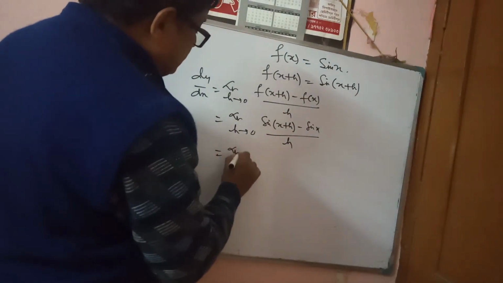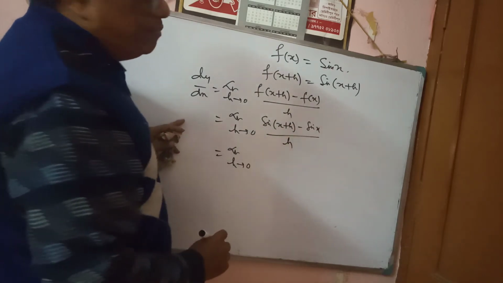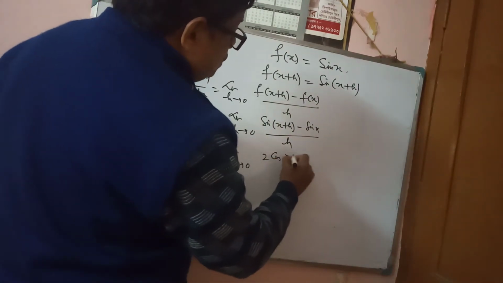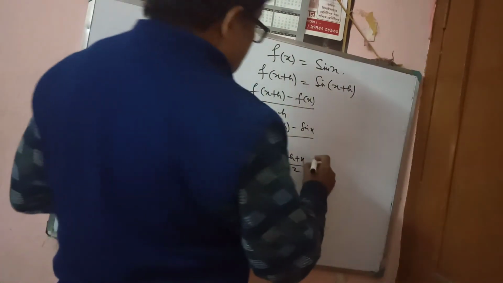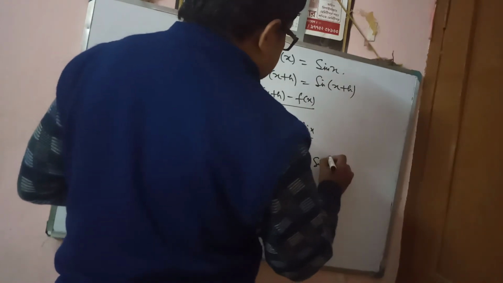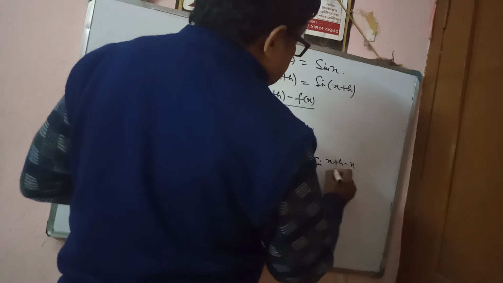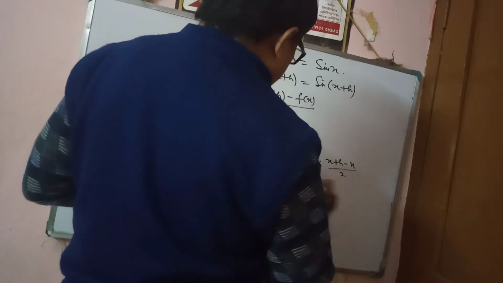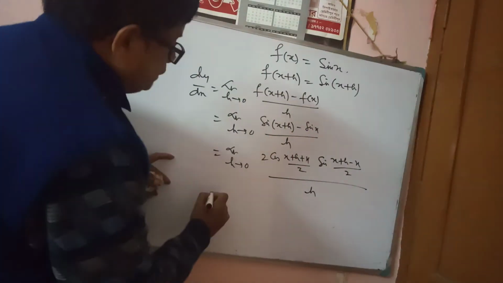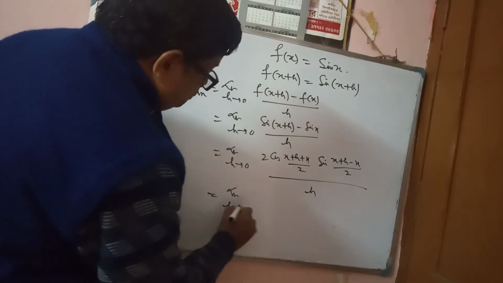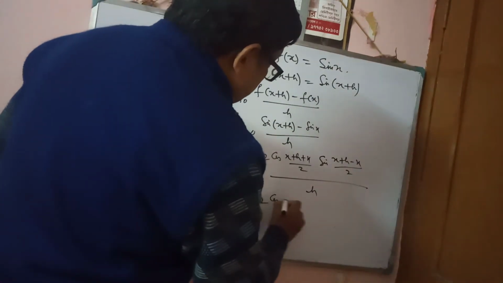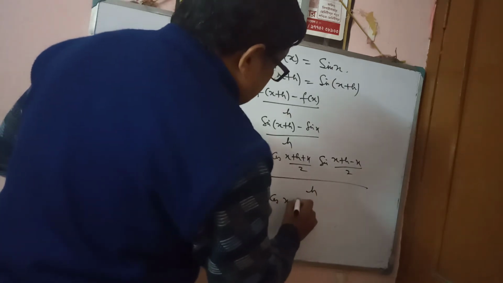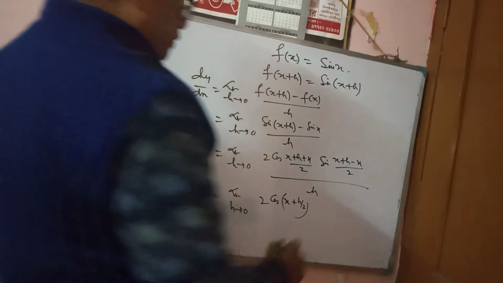So write limit h tends to 0, sin of x plus h minus sin x by h. Now I apply the sin c minus sin d formula, 2 cos of (c plus d) by 2, all of you remember this formula, sin of (c minus d) by 2, that is x plus h minus x by 2, by h is given. So write limit h tends to 0, 2 cos of (2x plus h) by 2, into limit h tends to 0, right?